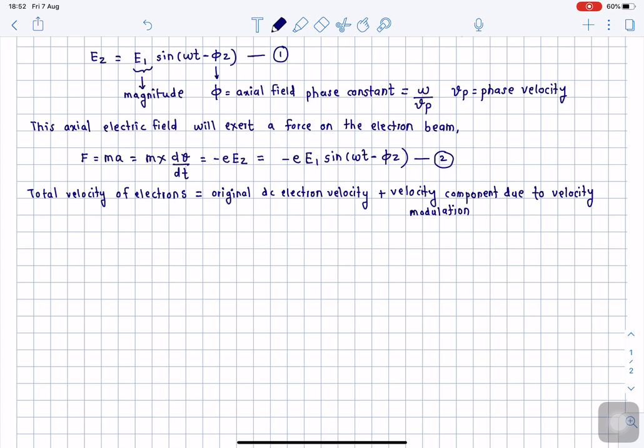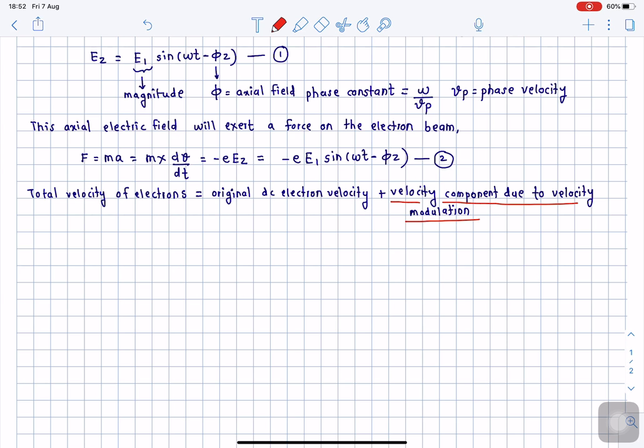We are interested to find out this particular component, the velocity component because of the velocity modulation operation, and for that we are doing this derivation.